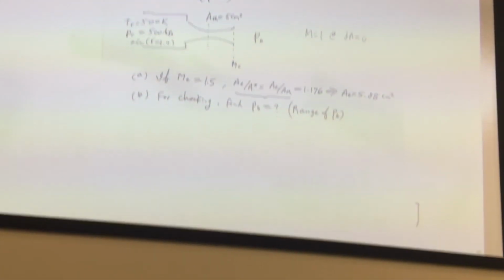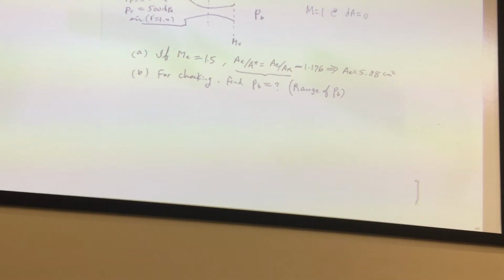Can someone give me a quantitative description, based on the graph that we have, which point will give you the choke condition? Yes. I was going to say less than 500 times 0.5283. Wrong. That's for a converging nozzle, not a converging-diverging nozzle.